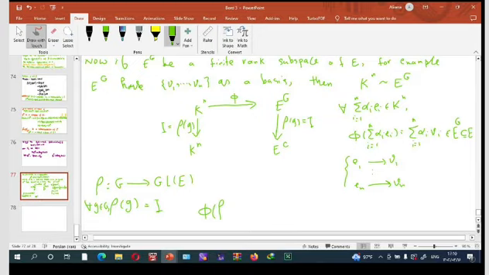we can consider two representations, one from K^n, one from E^G.